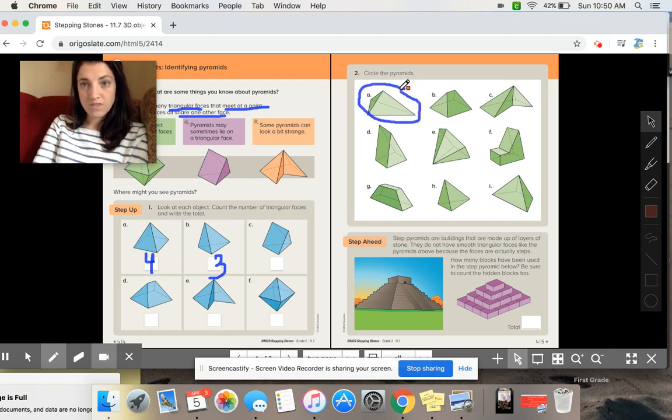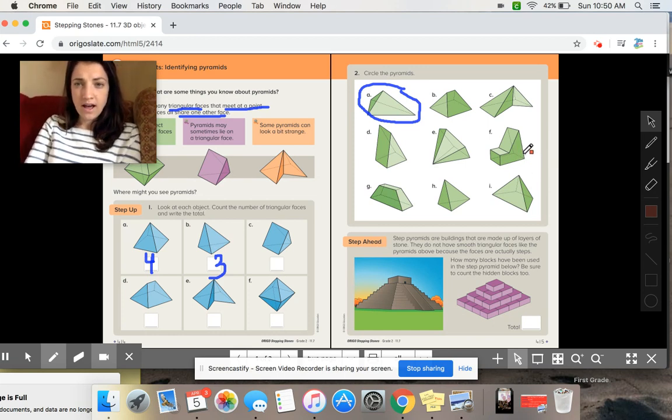Now, when I look over at this shape, letter F, I see that this face is not a triangle because there's this little extra part here. And this isn't a triangle, this isn't a triangle, this isn't a triangle. They don't have all triangular faces.